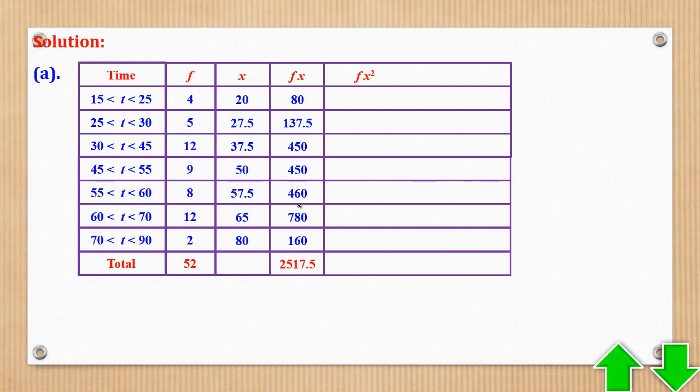This was for standard deviation, so we need fx squared. So this times this squared, this times this squared, for each row. Add everything, you come up with this.